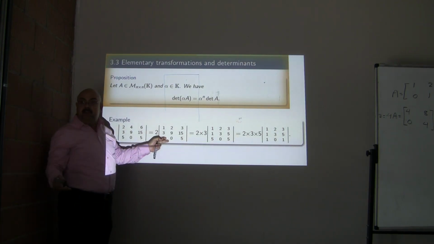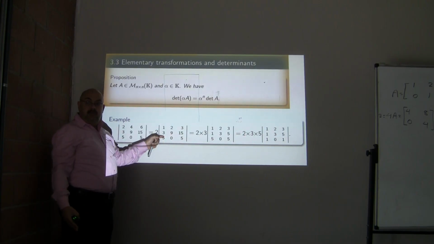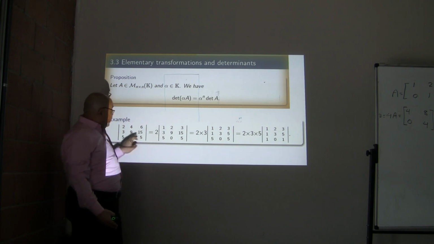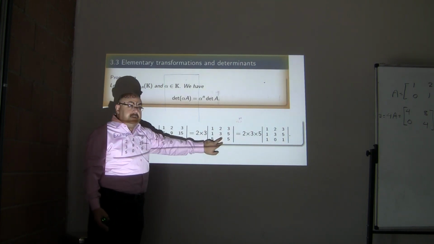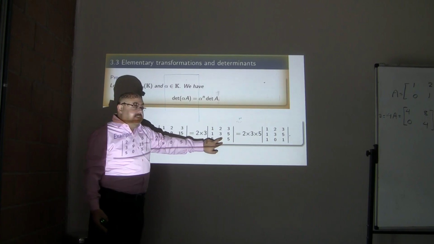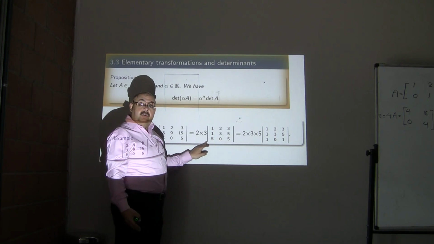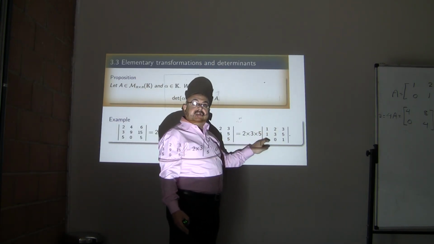The 3 will come out from the second row. So taking 3 as a common, this value and that value will be exactly equal to 2 times 3 times this one. If I want to get 5 as a common from the third row, the result will be 2 times 3 times 5 times the value of this determinant.